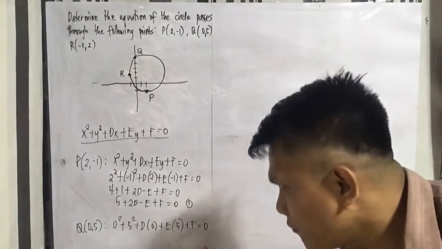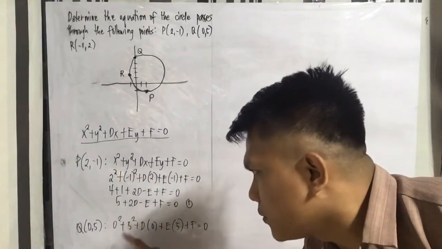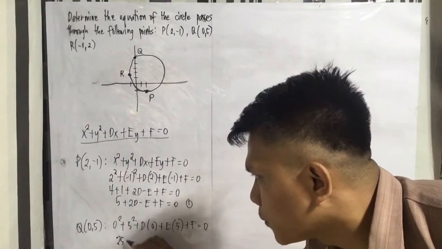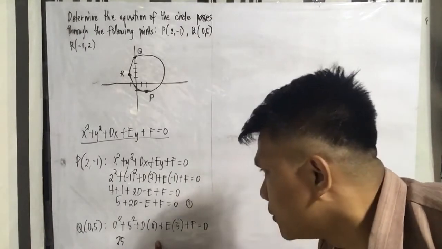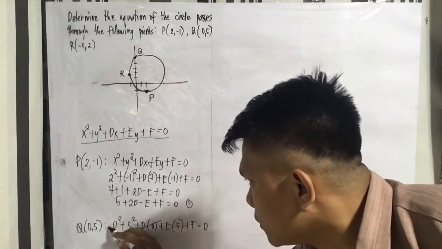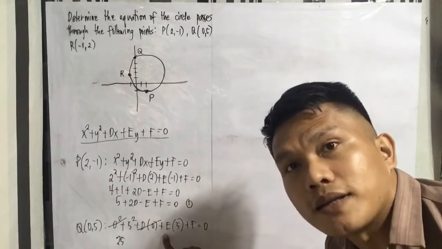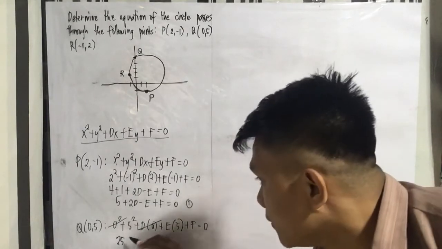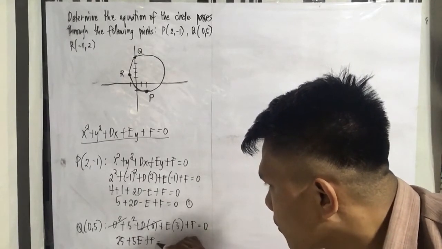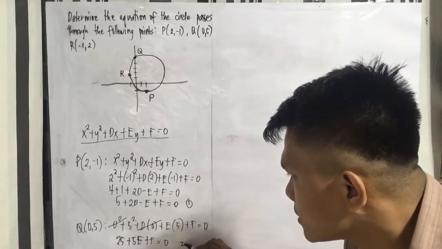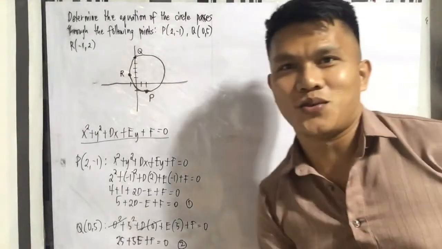Simplifying, 0 squared is 0, 5 squared is 25, d times 0 is 0, and e times 5 is 5e. Then we have 25 plus 5e plus f equals 0. This is our second equation.